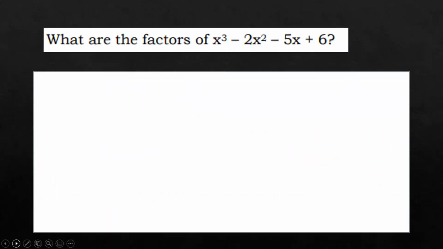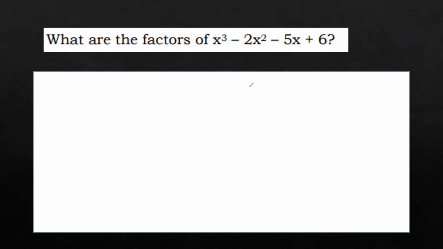Okay. So here, we have, what are the factors of x cubed minus 2x squared minus 5x plus 6? So how many factors are we expecting? 3 po. Tatlo. Very good. Ilang terms ang gagamitin natin? 4 terms, sir. Okay, very good. That's correct. So balik ulit tayo dito. That is 6 and 1.